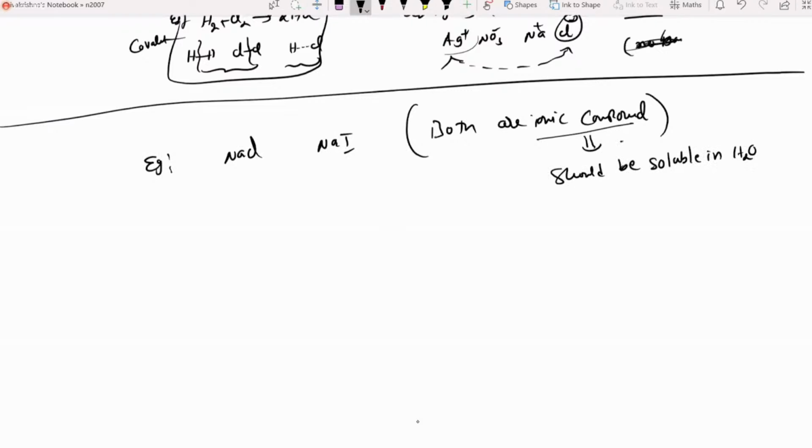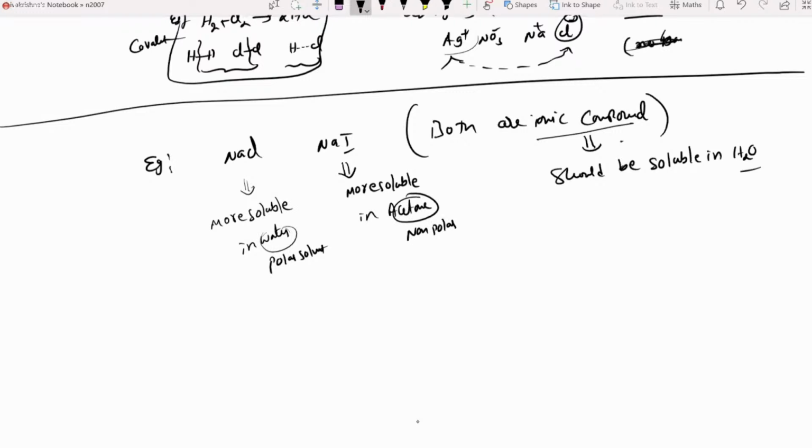Because polar dissolves polar. But do you know, NaCl is more soluble in water, but NaI is more soluble in acetone. Why? You see, water is a more polar solvent, but acetone is a less polar solvent.